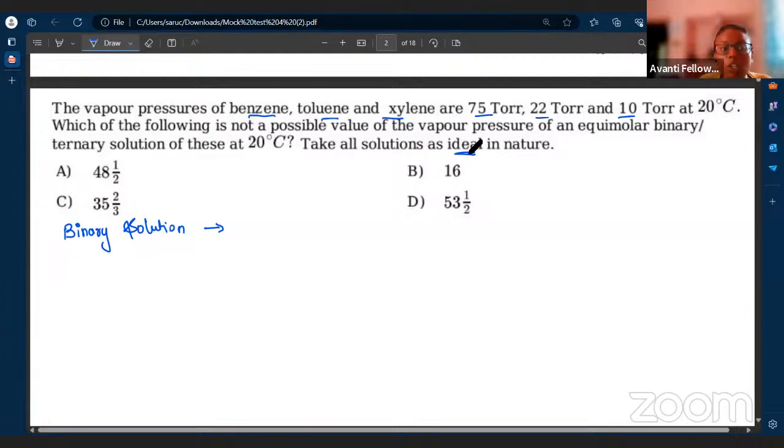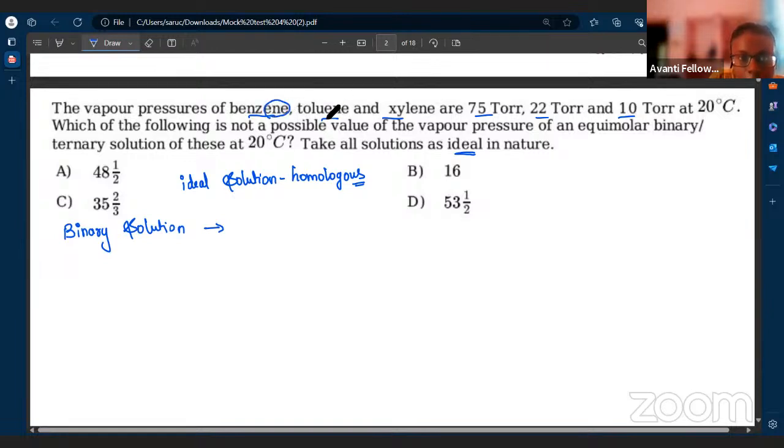An ideal solution will always be homologous, which means its functional group would be the same. Those solutions are said to be ideal solutions.